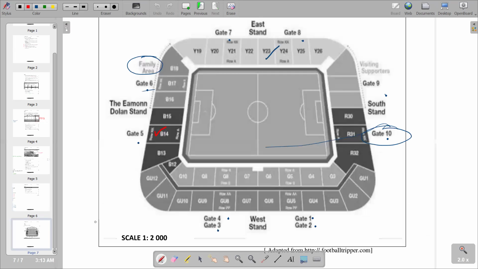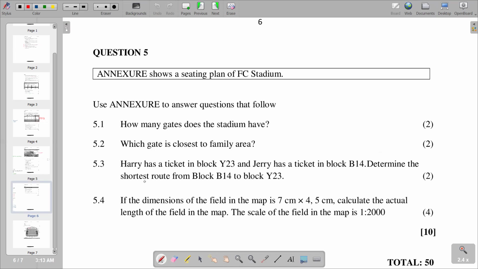So moving from B14 to Y23, obviously we have to take this route. This is the shortest. We can't use the other optional route, which is to go this way, which is going to be a longer route as it's going to be winding. So the question requires us to determine the shortest route.